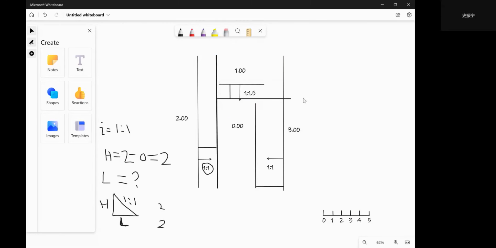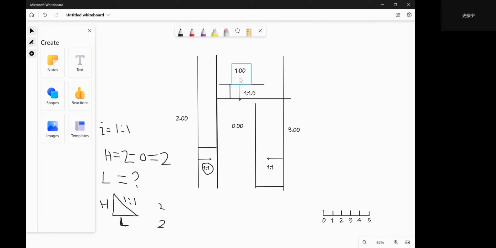Okay, and then there is a problem about this plate. This plate is 1, and this plate is 2, and this plate is 3. And so how about the slope foot line between these two plates?